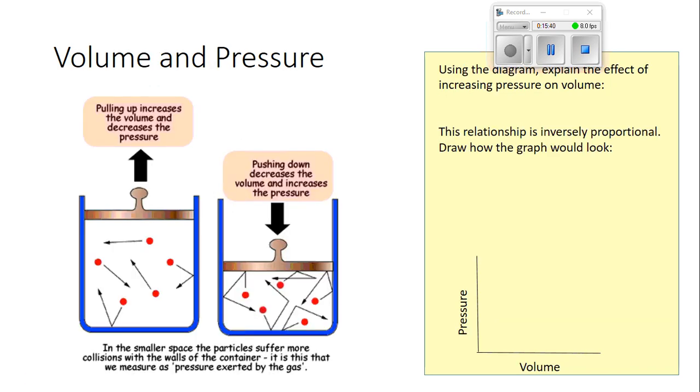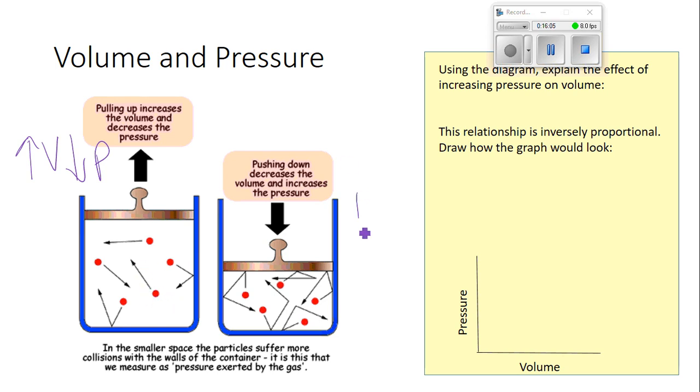Okay, using the diagram, explain the effect of increasing pressure on volume. Okay, pulling up increases the volume and decreases the pressure. Okay, this one is having the opposite effect. So if I increase the volume, I decrease the pressure. More space here leads to not as many arrows, and those arrows were my pressure.